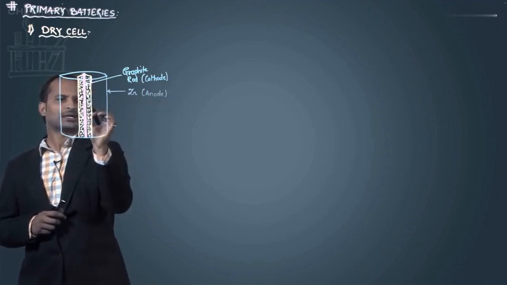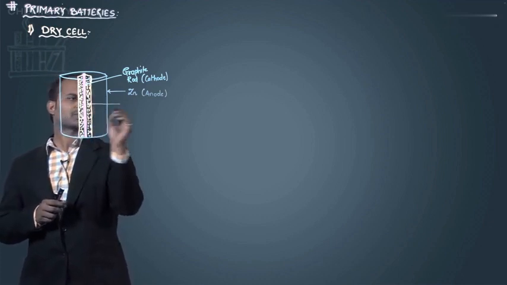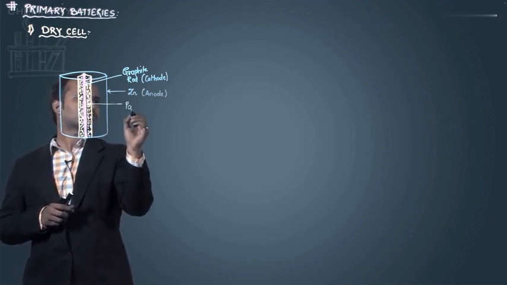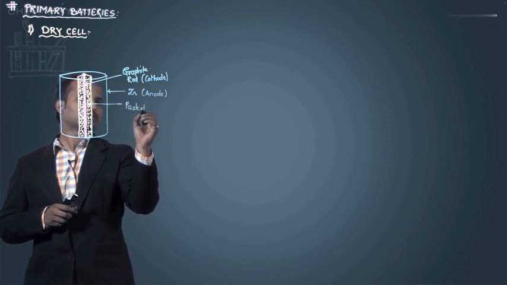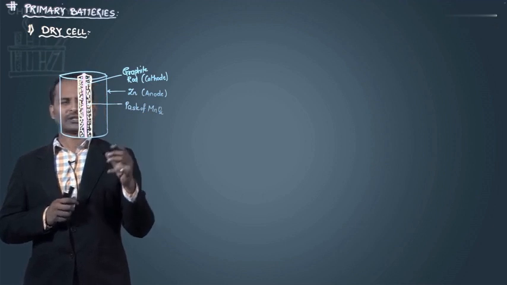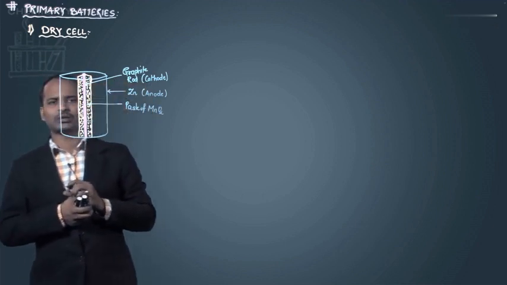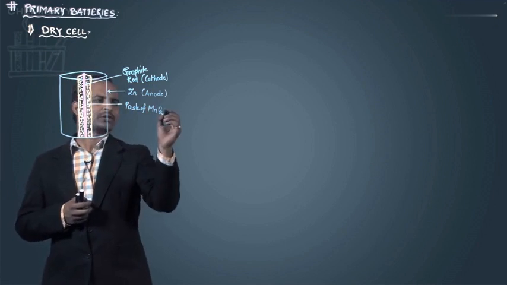Then there is a mixture around the graphite rod, a paste of manganese dioxide and carbon, where the manganese dioxide is used to prevent the polarization produced by the hydrogen gas.